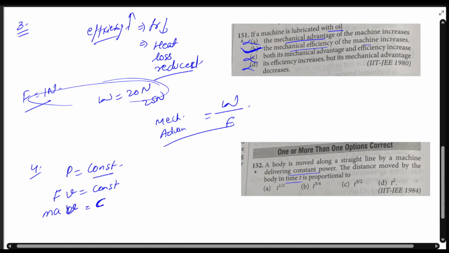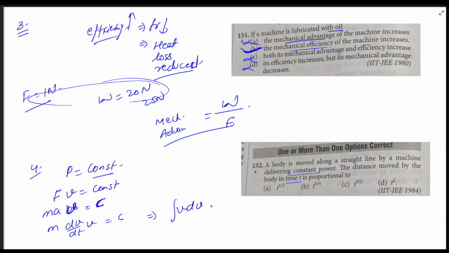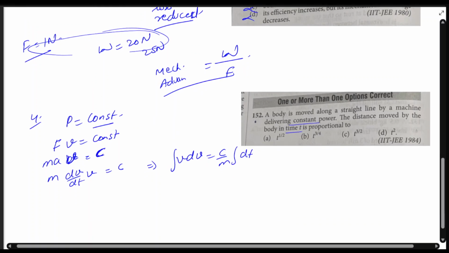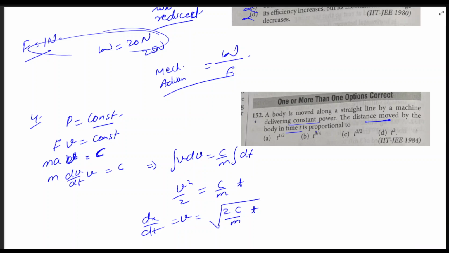Now we know a is dv by dt. So we can write integration of v dv equals C by m into dt. So we will have v square by 2 equals C by m into t. So we will have v as root of 2Ct by m, and we can write v as dx by dt, because we have to find the proportionality of the distance moved to t.